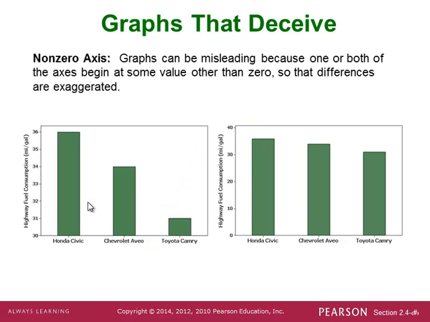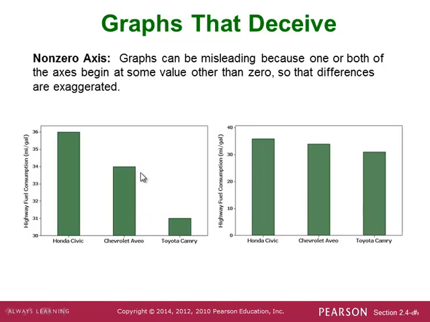Now let's talk about some charts that are deceptive, regardless of whether the author has intended for them to be deceptive. They're still deceptive. Now, I want you to take a look at these two charts. They're really for the same sets of data.